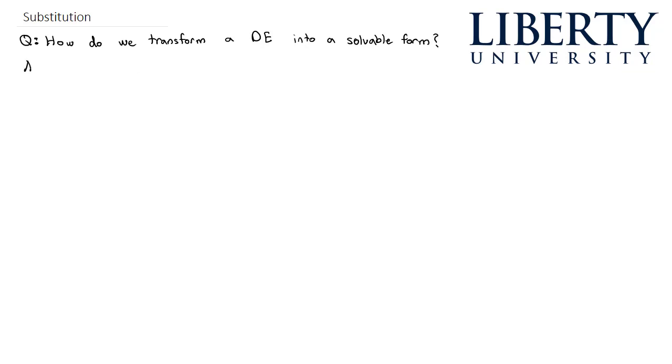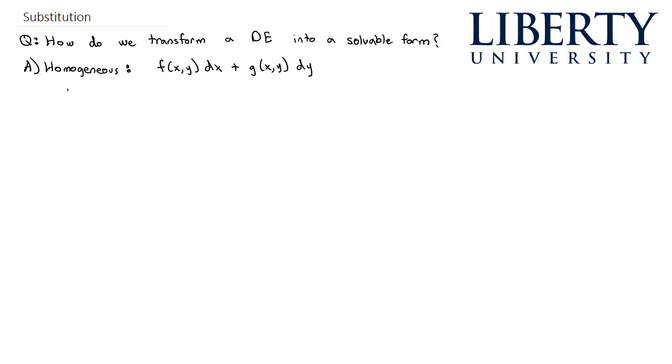And there's two types we're going to look at as we do this. The first type is what are called homogeneous. A homogeneous equation is of the form f of x comma y dx plus g of x comma y dy.